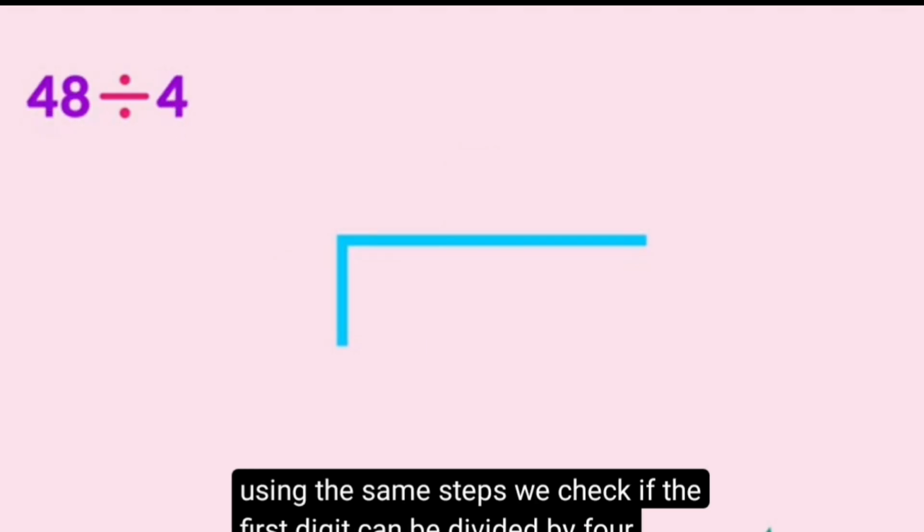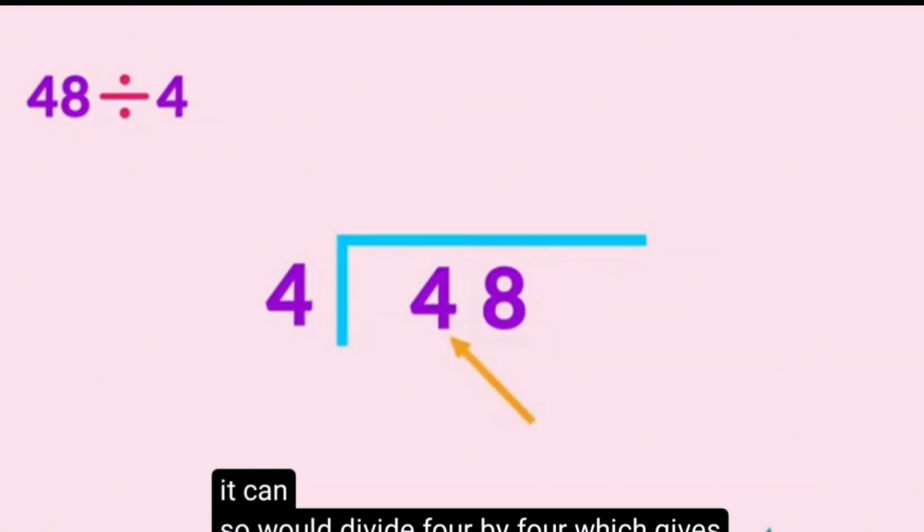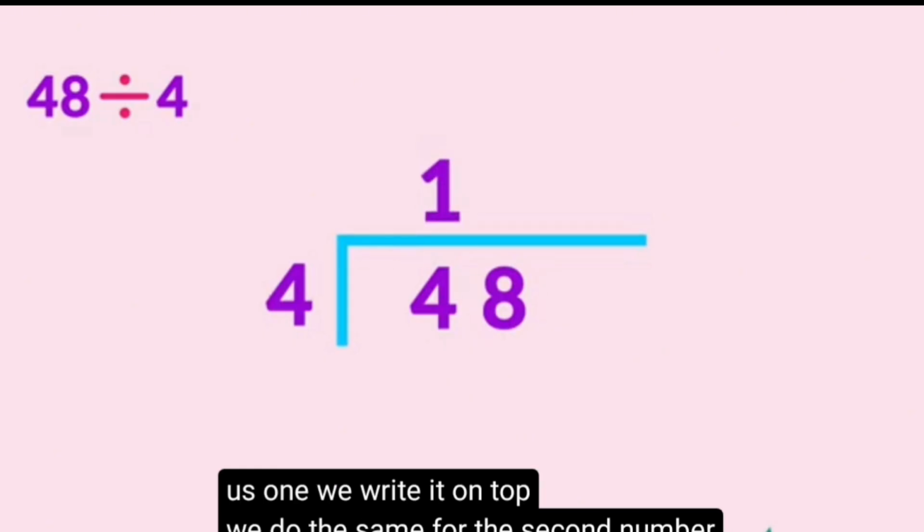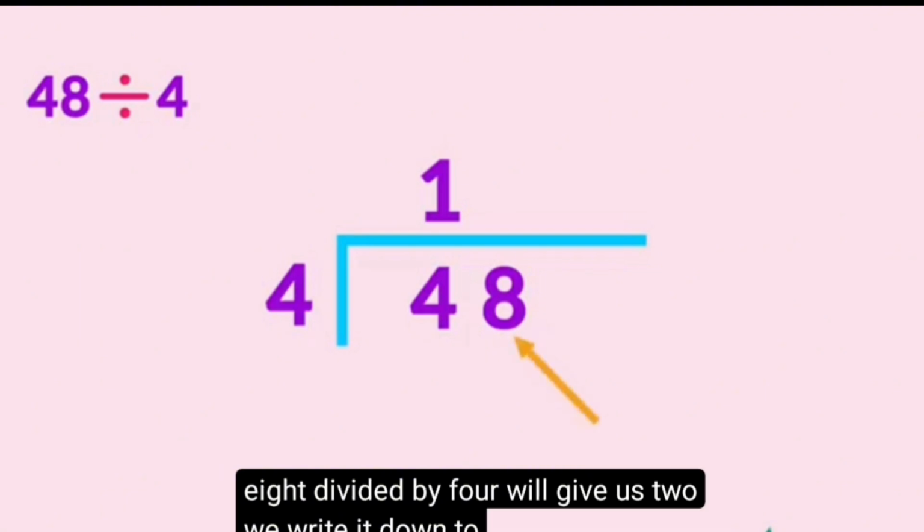48 divided by 4. Using the steps, we check if the first number, the tens digit, is possible to divide by 4. 4 divided by 4 is 1 time. And the remaining is 8. 8 divided by 4, write down, then 2 times.